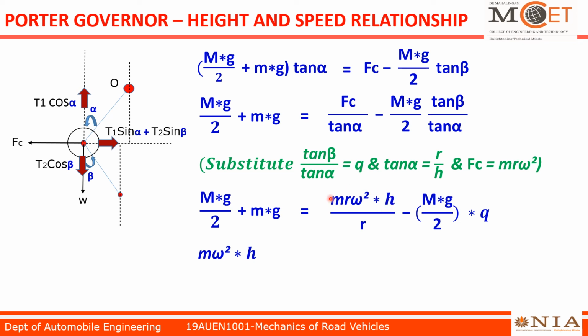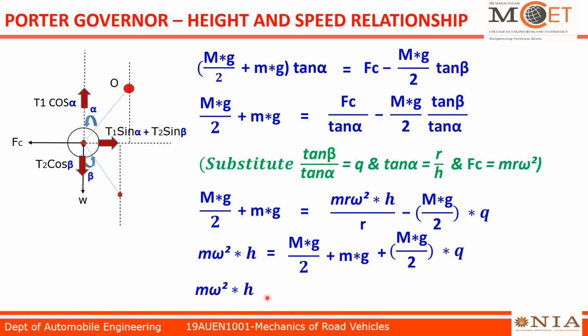Just keep the m r omega square value on one side, other values on another side. So m omega square h, because r is cancelled, we get m omega square h. Bring this term to this side, we get m omega square h equal to caps Mg by 2 plus small mg plus caps Mg by 2 into q.